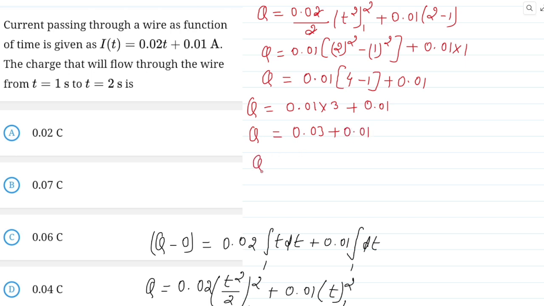So the value of charge q is 0.04 Coulomb. This will be your final answer of the JEE Mains 2025 question. So the final answer you get is 0.04. Option number D is correct.